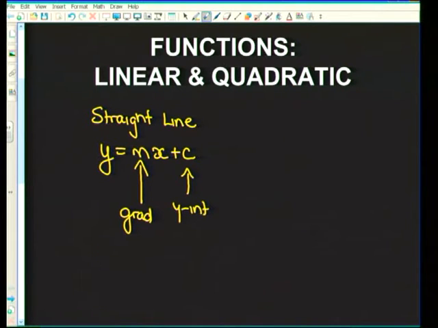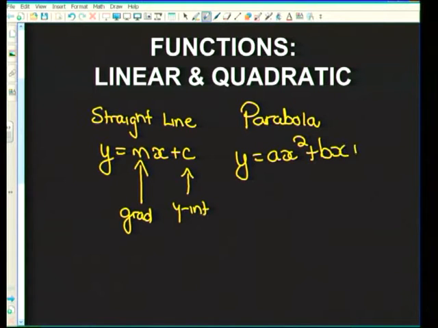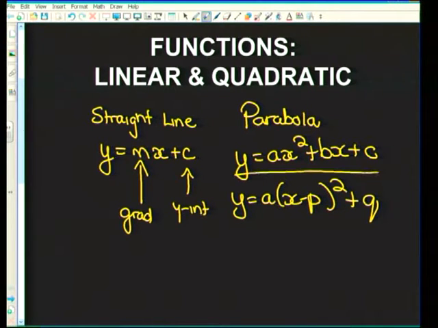And then we have the quadratic, which is better known, I'm sure, as the parabola. And that has the form of y equals ax squared plus bx plus c, or y equals a(x minus p) all squared plus q. This form is the general form, and this is the standard form like this one.